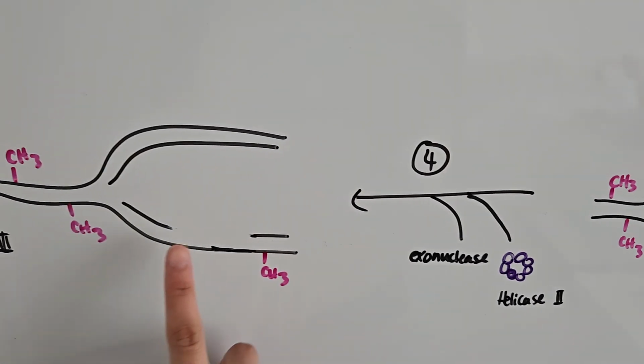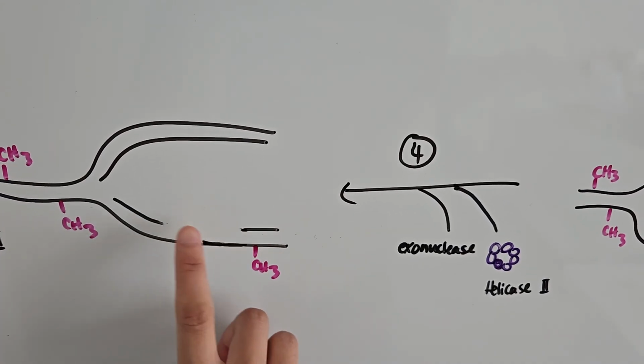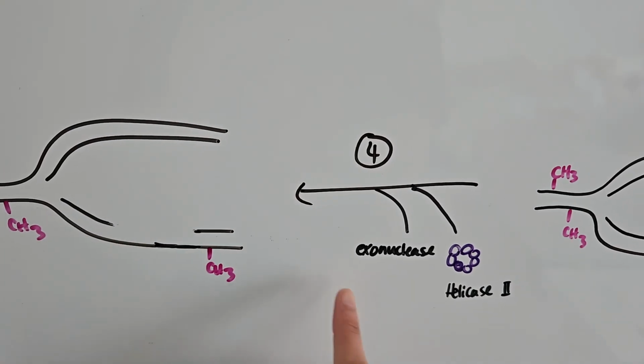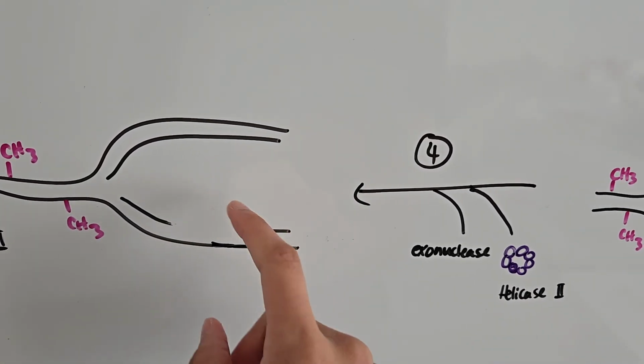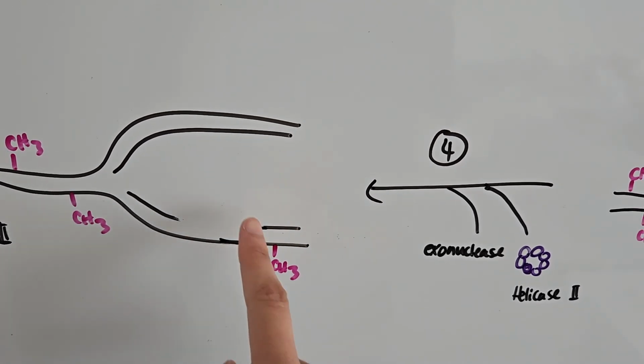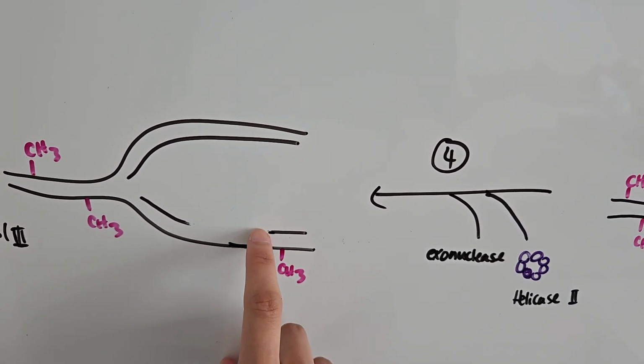It's going to chomp away where that new strand was unwound, and it's going to eat up more than just where the mismatch was. It'll eat up a little bit more than it's supposed to.